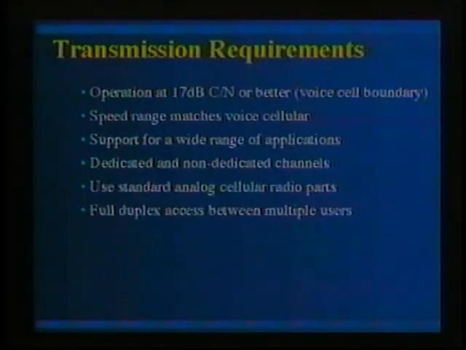And this is sufficient to ensure that we don't interfere with the voice channels on the other cells if we meet the same envelope, and so on. We have to meet the same speed and fade characteristics as the voice cells, so we have to be able to support the service reliably over the same kind of speed range that you can find in a voice network.